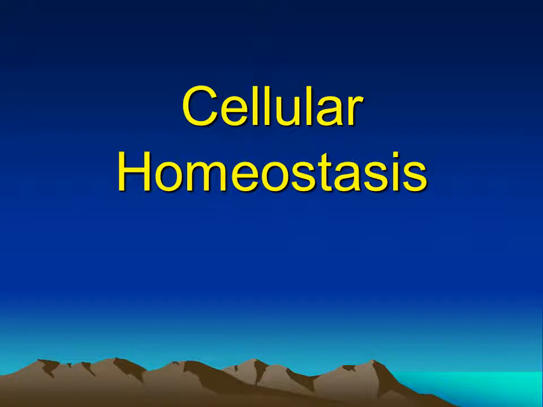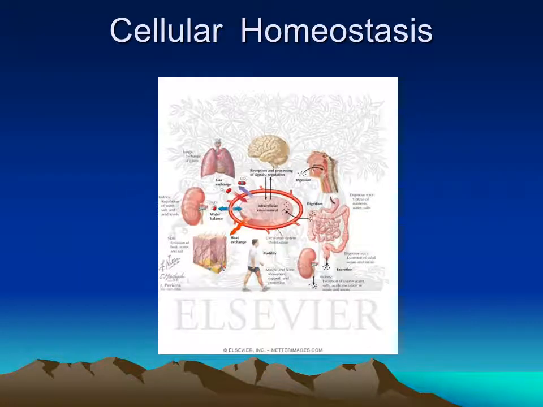Cellular homeostasis. An optimal cardiac output is required to maintain cellular homeostasis. If cellular homeostasis is not maintained, the body cells will die. Every organ plays a significant role in the maintenance of cellular homeostasis.